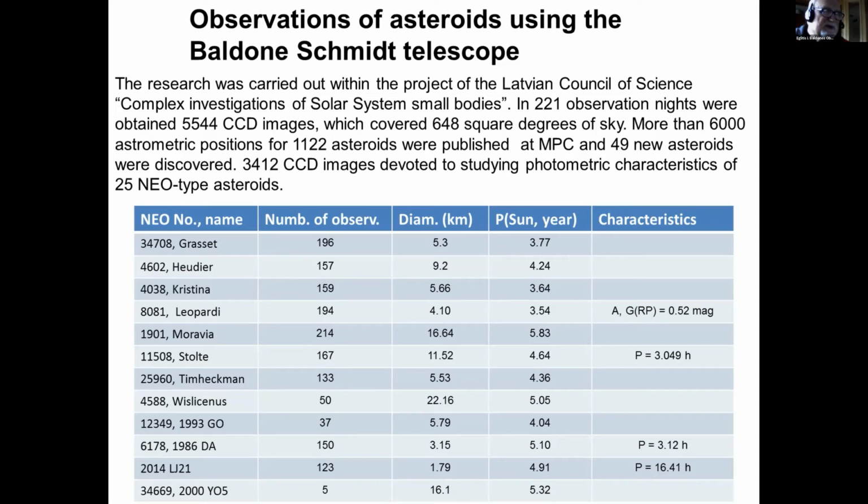In this project, which started in the autumn of 2018, in 221 observation lines, we obtained more than 5,000 CCD images, covering more than 600 square degrees of sky, and measurements of astrometric positions of 1,122 asteroids were published at the Minor Planet Center.